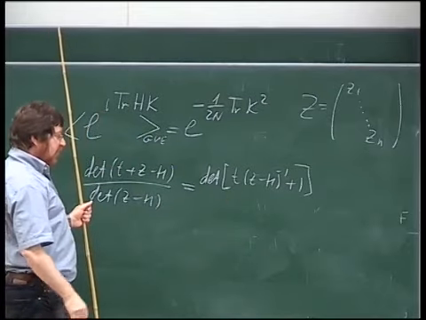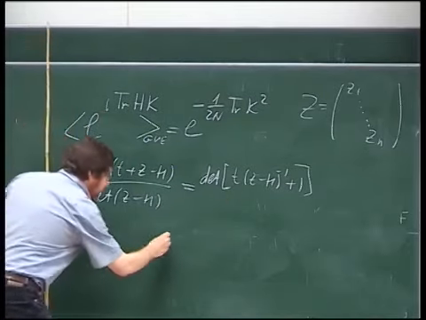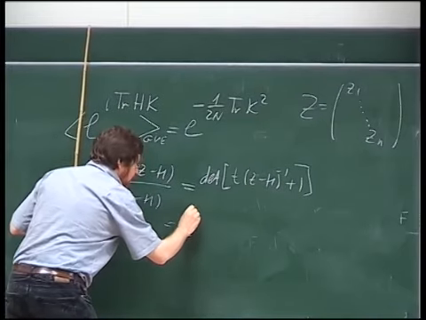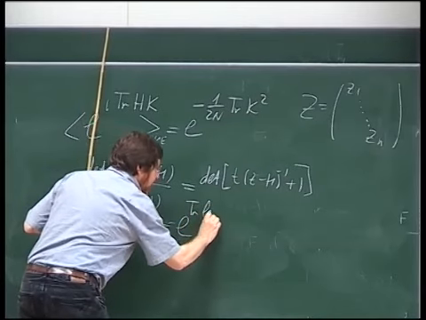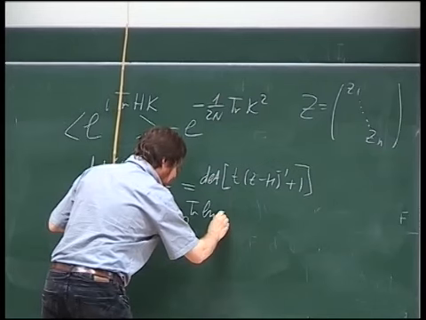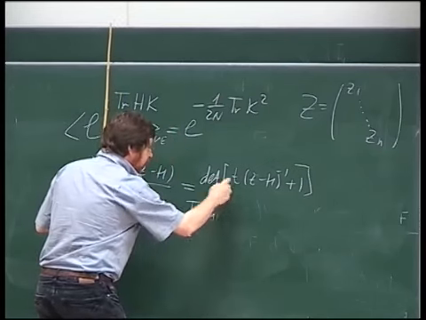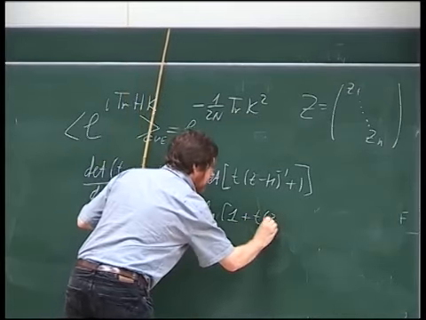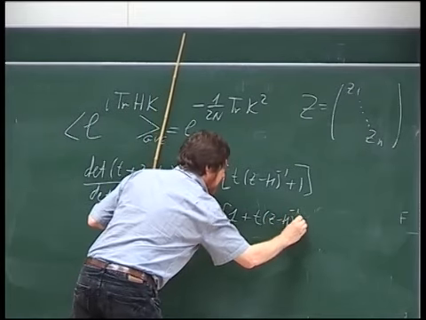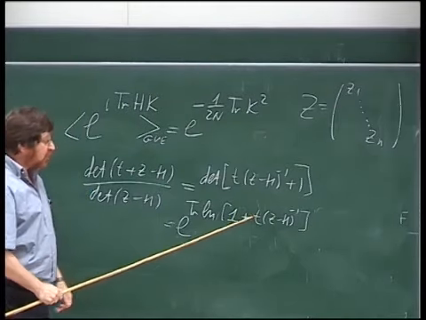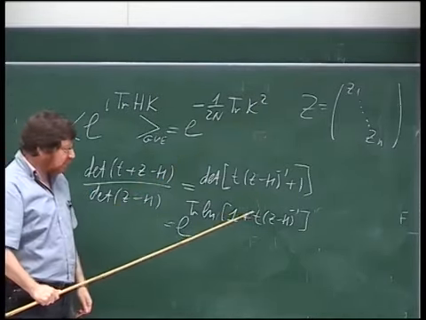There are various ways of doing it. My favorite way is to write it down as the exponential of the trace of the log of this operator, or this matrix, 1 plus t (z minus H)^(-1). And then you need to differentiate and set in the end, which is very important, t to 0.